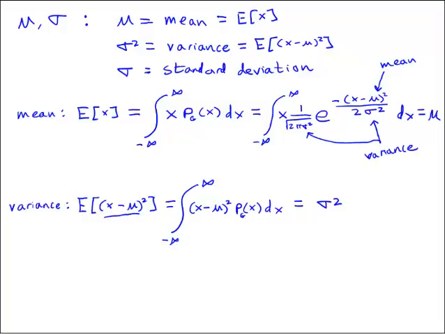The mean and the variance are right there. You don't have to do the integral like you would for a lot of other probability distributions to figure out the mean and the variance of the Gaussian. If you have it written out, you just look for mu and sigma squared.